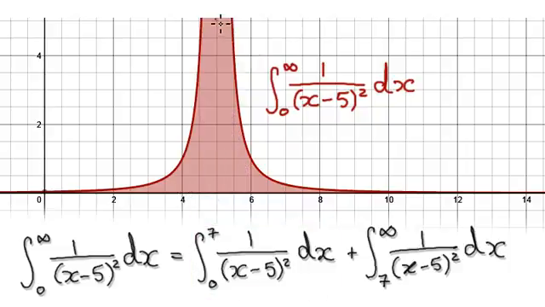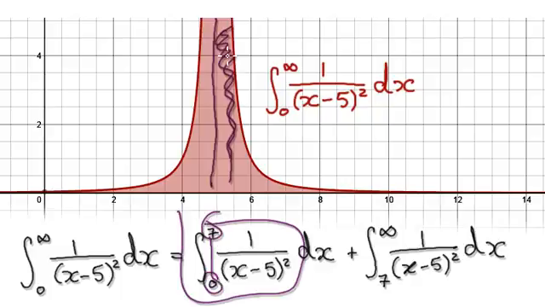If we know that this bit is going to diverge, then the whole thing from 0 to 7 is going to diverge. If this bit here is just going to get bigger and bigger and bigger, then when you add an extra bit, it's still going to get bigger and bigger.